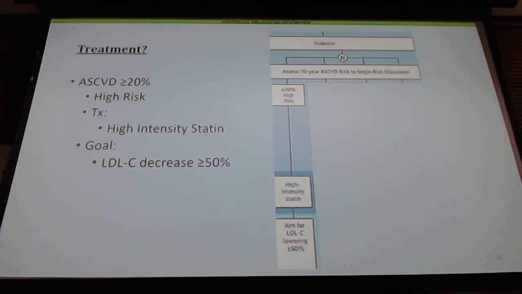And then the last part of the primary but borderline LDL levels in a non-diabetic is if their ASCVD is greater than 20, they are considered high risk. They should be put on a high intensity statin, and we would expect at least a 50% reduction in their LDLs because we are putting them on that high intensity statin.